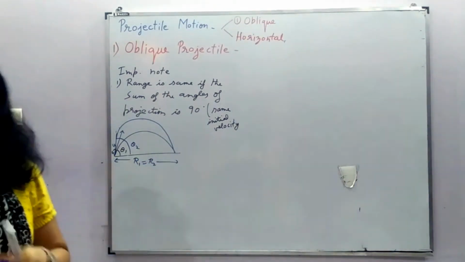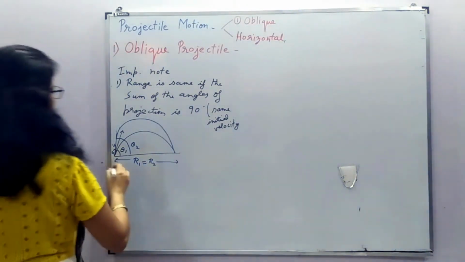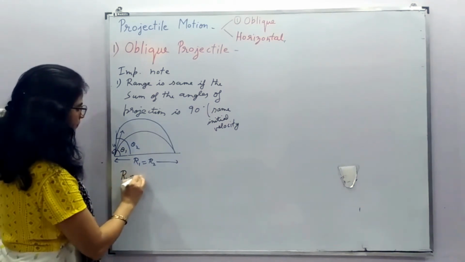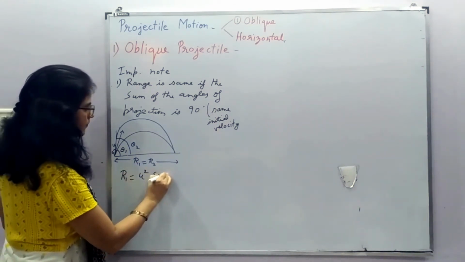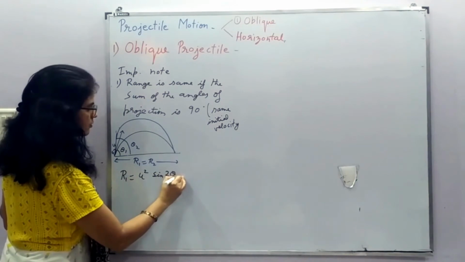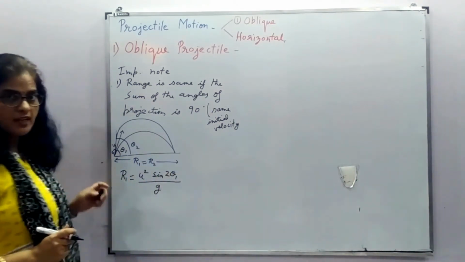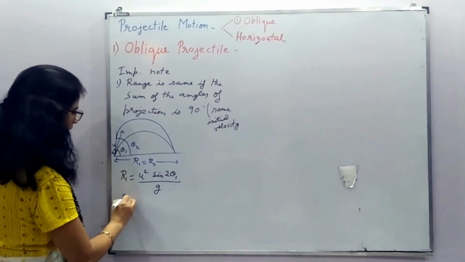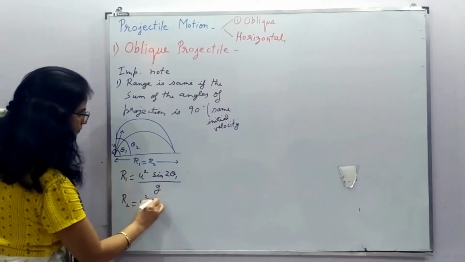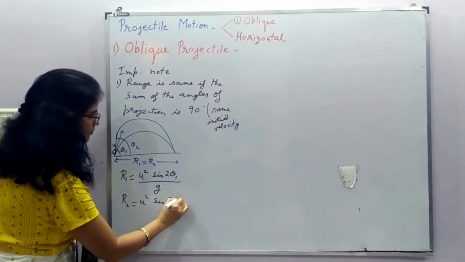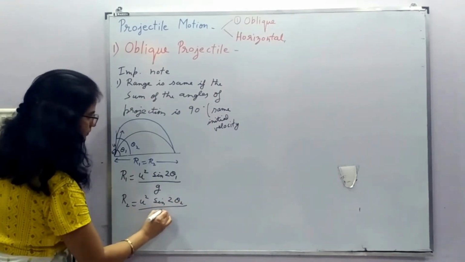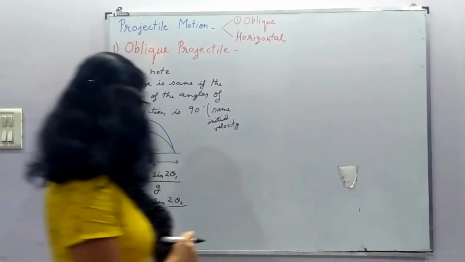Hope you understood. Now here, what is the formula for R1? U square sin 2 theta. So for the first case, this will be u square sin 2 theta 1 upon g. If I am taking the range for the second case, this will be u square sin 2 theta 2 upon g, right?